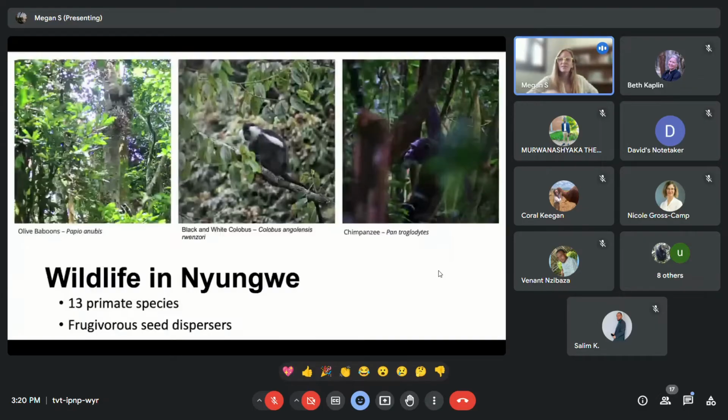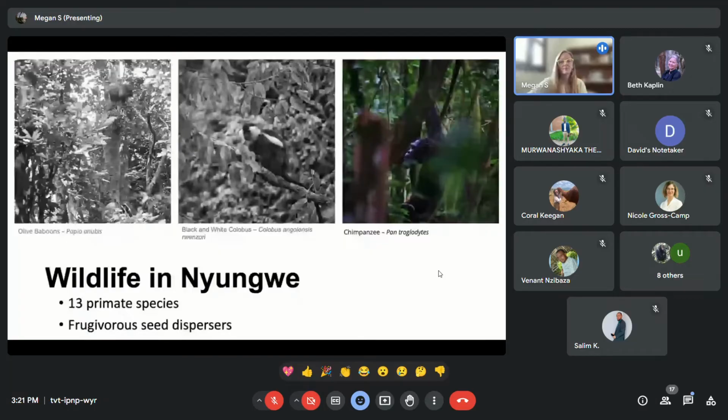there's been a lot of research focusing on chimpanzee diet and what fruits they eat and how much of each fruit they eat throughout the years in Nyungwe National Park. And so, yeah, this is from Nicole's paper, so it's really great.